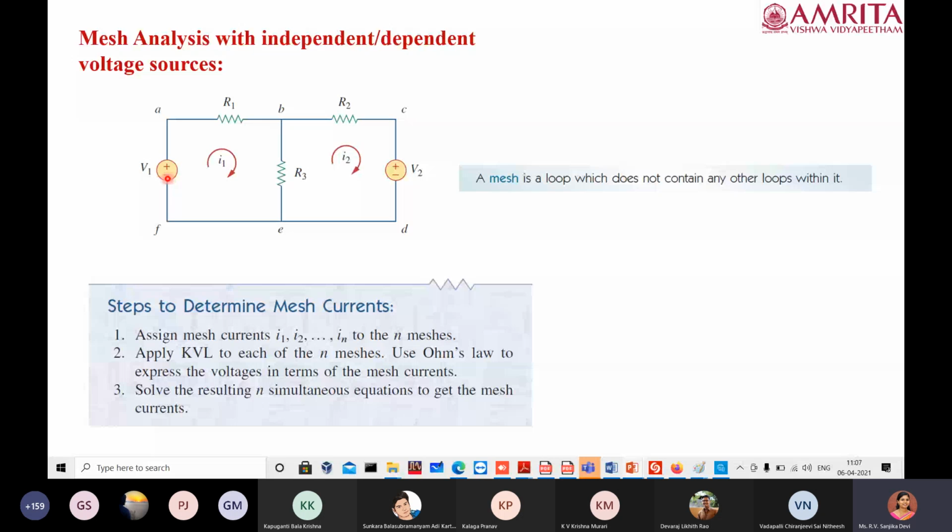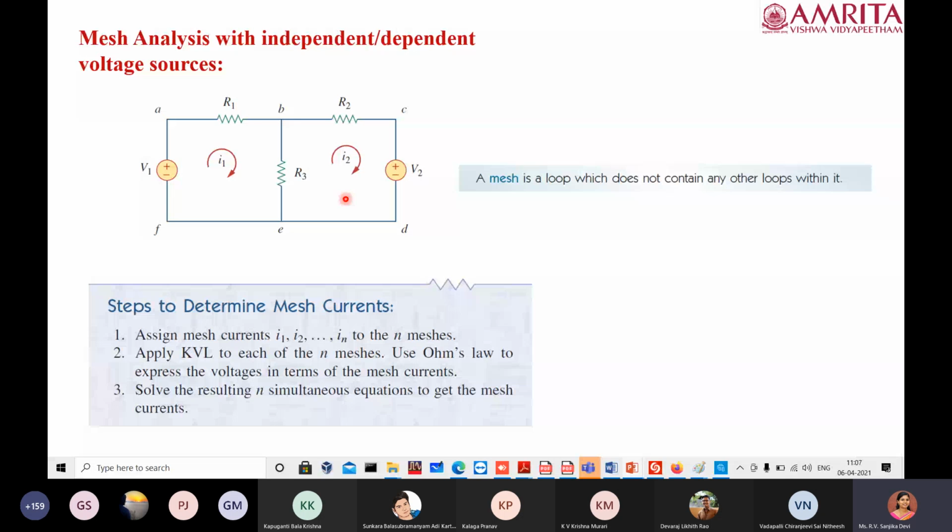That is the first category we are going to see. We will be solving this circuit to find the unknown currents I1 and I2, and the number of currents depends on the number of loops. These currents are called loop currents or mesh currents.